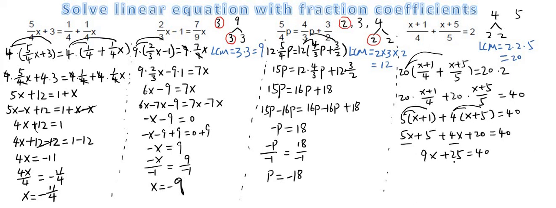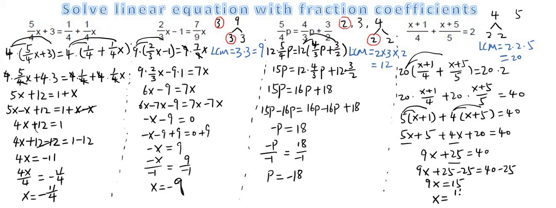Now we want to remove the constant on the left hand side. That means we're gonna subtract 25 for both sides. And that means we got 9x equals 15. Then we divide by 9 for both sides. We're gonna get 15 over 9.